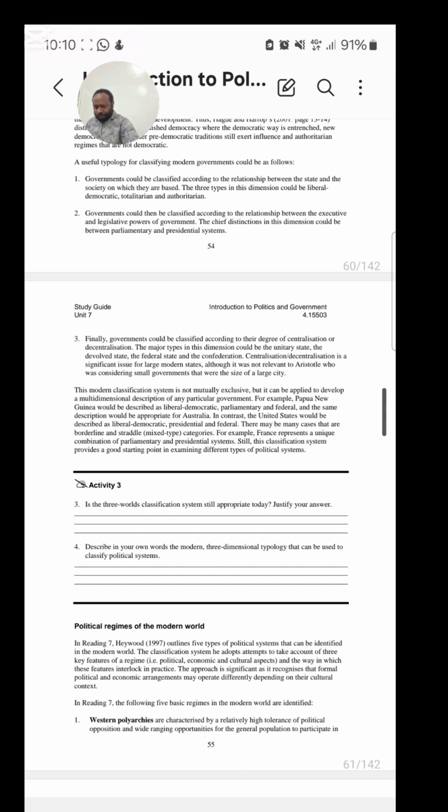The first dimension, and I'll read, is the number of people involved in the task of government, which represents the level of participation in a political system. So, the number of people who rule.